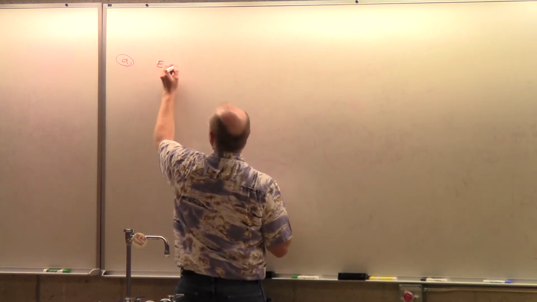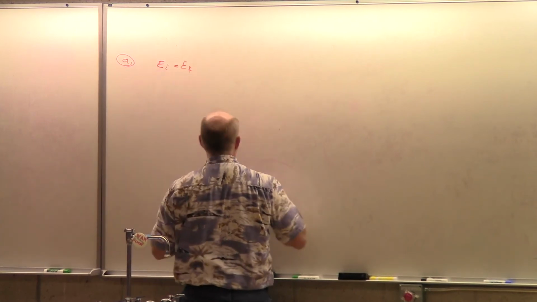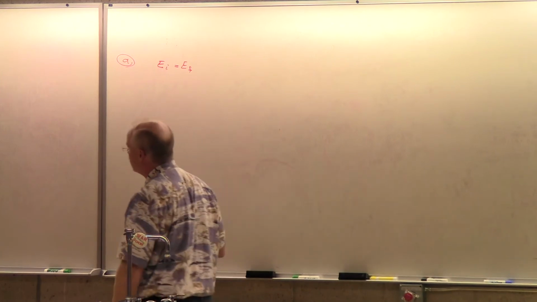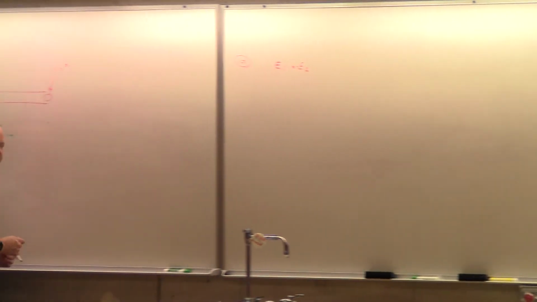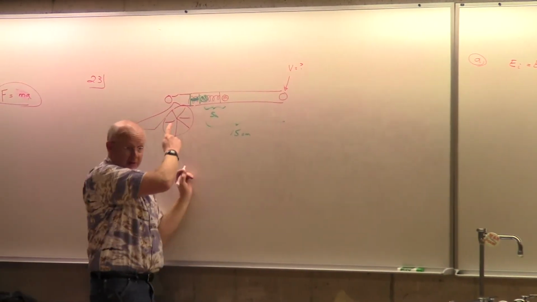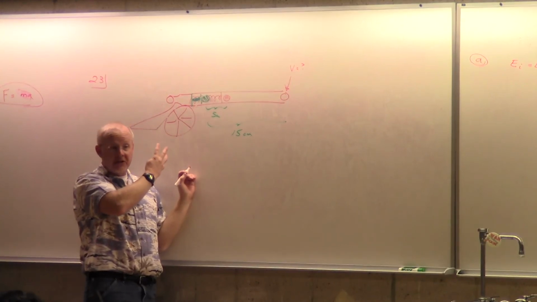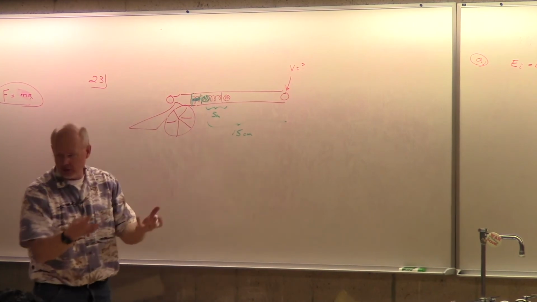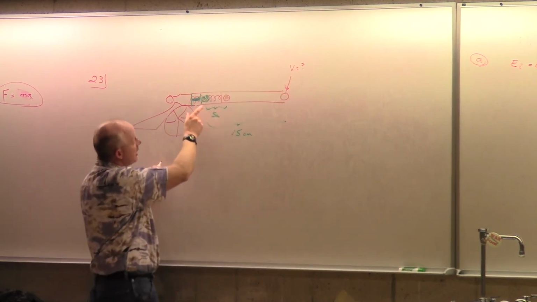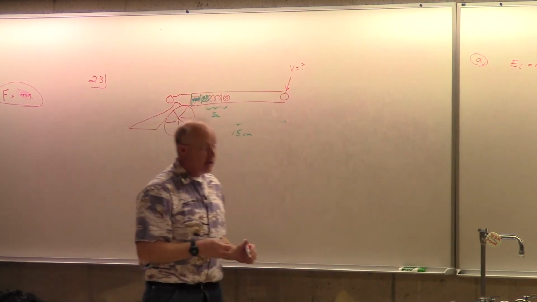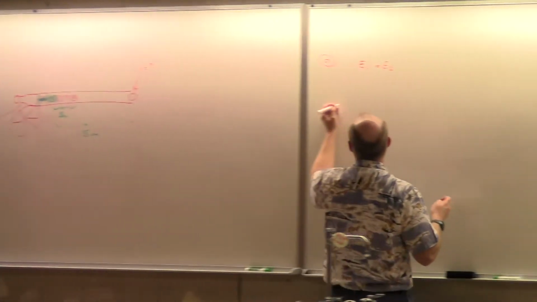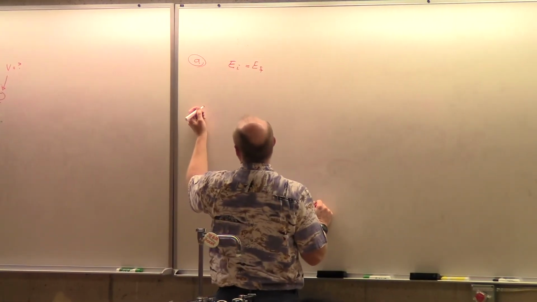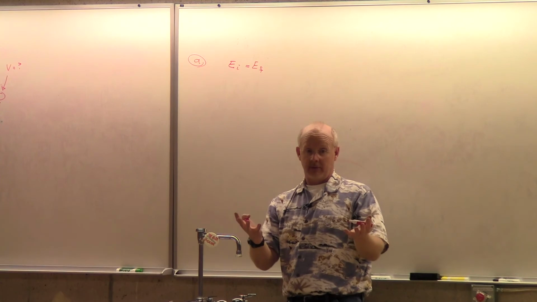Okay, so my initial energy is equal to my final energy. So what is my initial energy? Well, where's my initial position? I would say the loaded position. That's what I want to call the initial position. So I don't have to worry about the external force from your hand. And I should do one of those, I'll do that one next. But I'd say, look, it's loaded back into here. And so then I can say, well, how much kinetic energy does it have? 0.